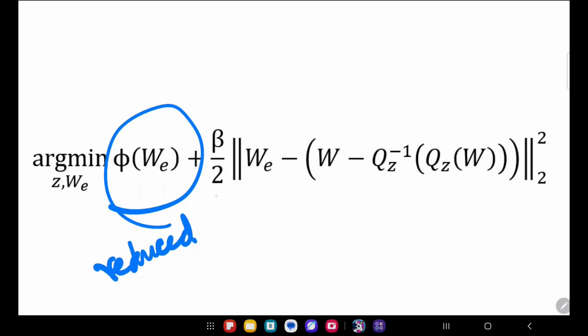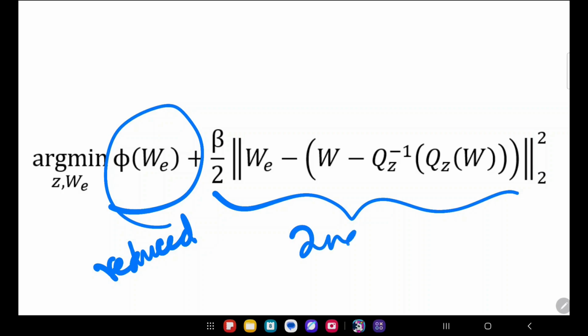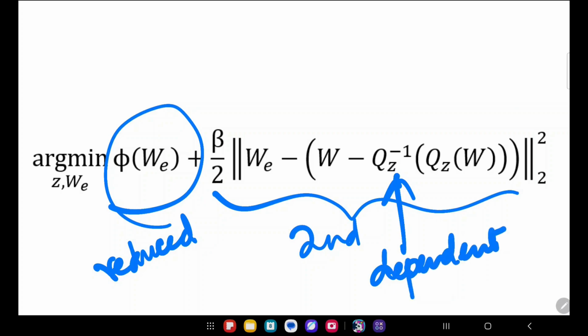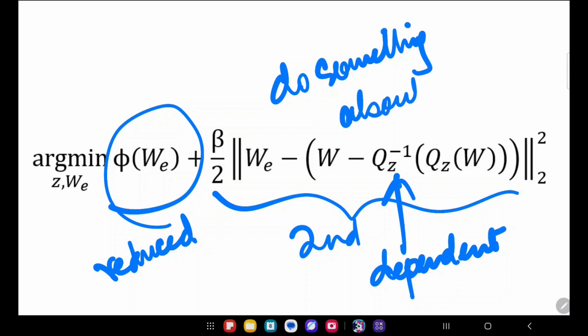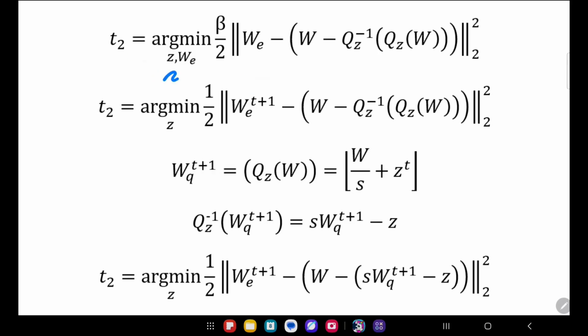What about the second part? The second part is dependent upon z. So we have to do something about it. We take the second part here and mark it as the second term.